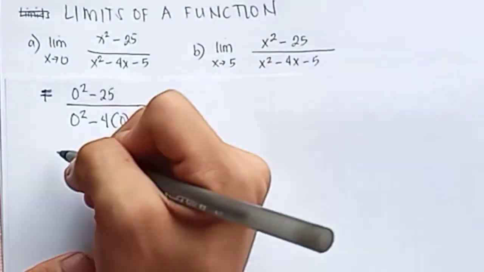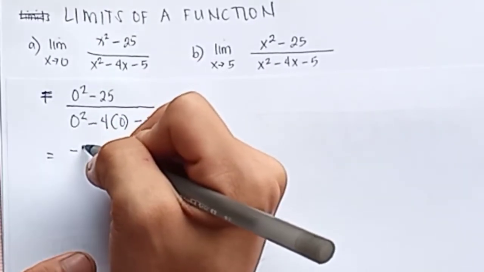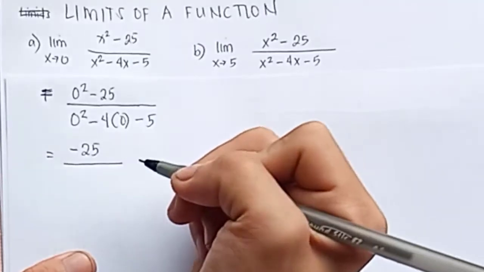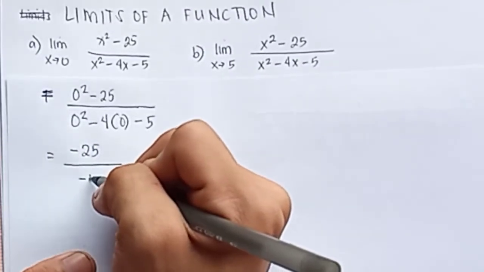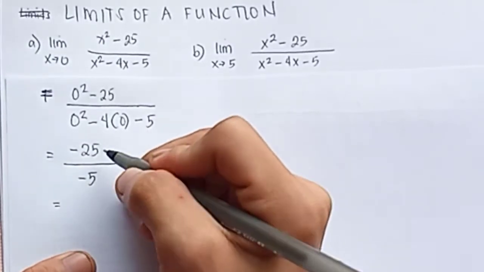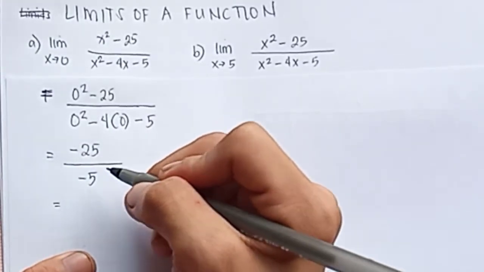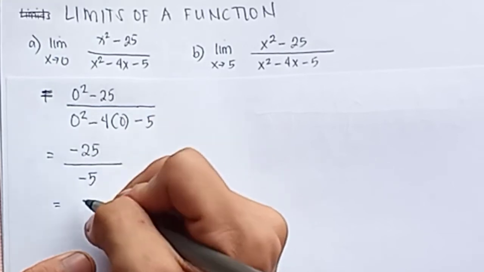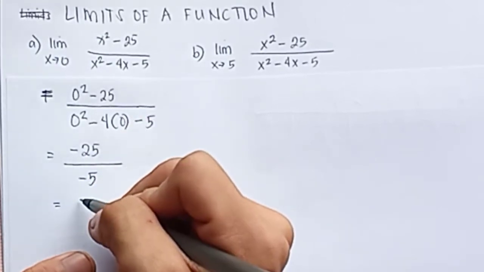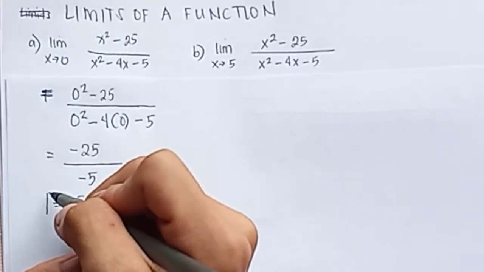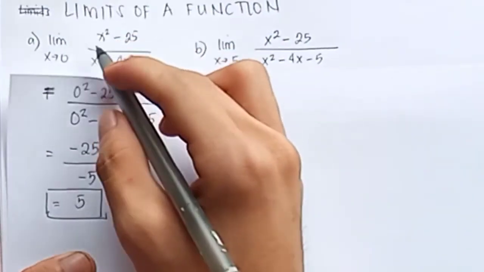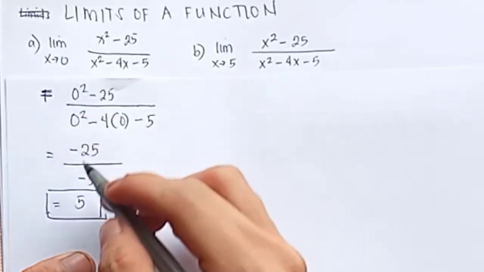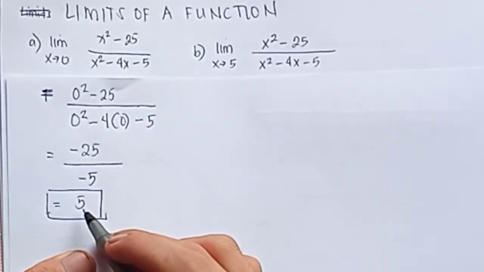So I can have negative 25 all over, this is 0, and this is negative 5. Negative 25 over negative 5 is positive 5. Okay, therefore the limit of this function as x approaches to 0 is approaches to 5.